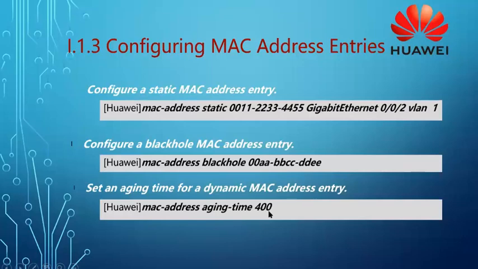So it's about 6 or 7 minutes. And we can use here any number of seconds as we like. So the MAC address table has many parameters with default settings, and we can modify these default values in the MAC address table settings.